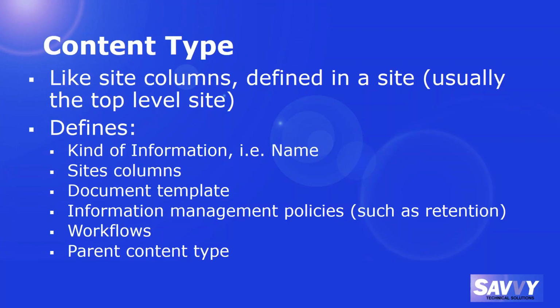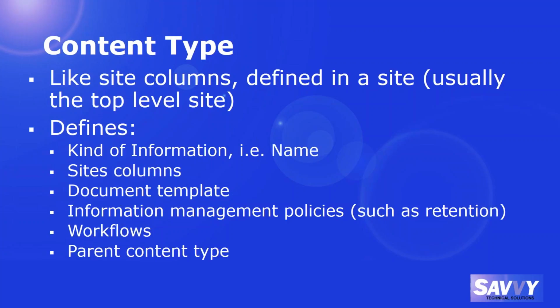If I have a document library called expense reports, but I want to be able to have each different department, which has its own site, be able to collect its own expense reports, I want to make sure that they all are collecting the same pieces of information, are using the same template, are using the same workflow. There may be a number of things that I really want to be consistent across all the sites where this information is being collected. So if that's the case, I create a content type.